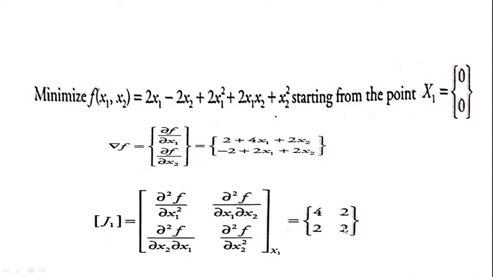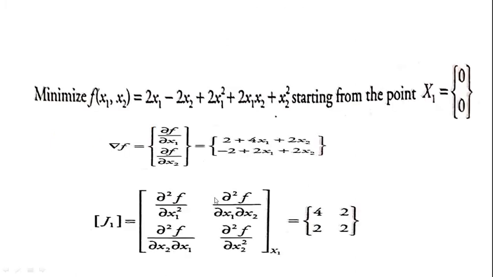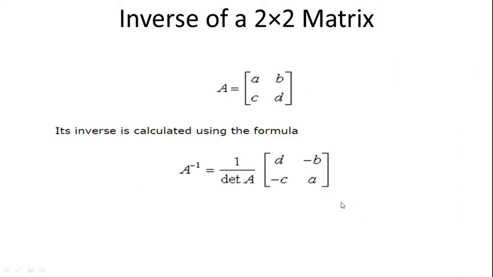So let's move ahead. In the previous slide we calculated the matrix J1, but while calculating the next value x2, we want the inverse of this J1, not the J1 matrix. Since J1 is a 2 by 2 matrix, how do we find the inverse of a 2 by 2 matrix? Let us consider matrix A as a, b, c, d.